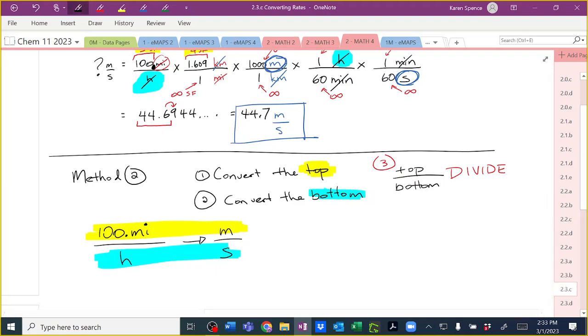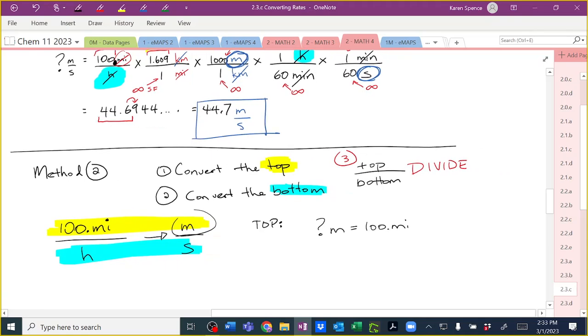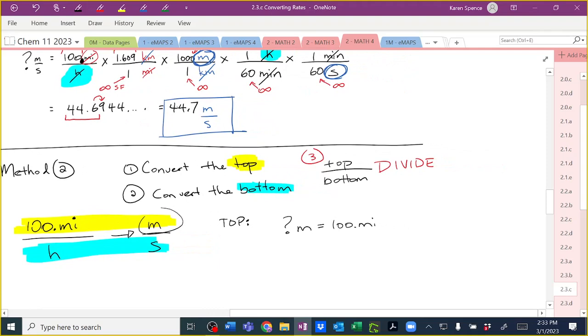So let's do the top. I want to find meters, so I don't know how many meters. I am starting with 100 miles. And I'm going to be a little bit quick about this because we've already sort of done this conversion.